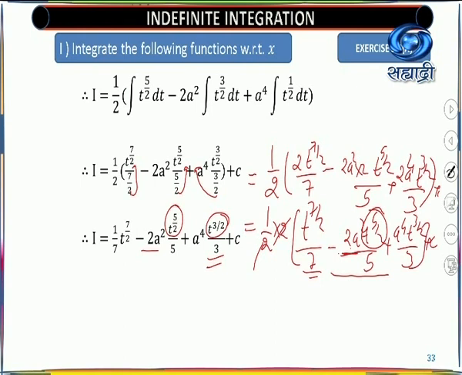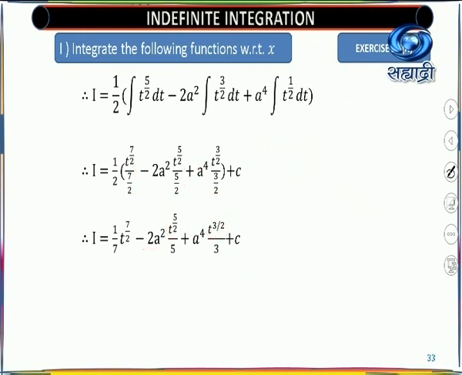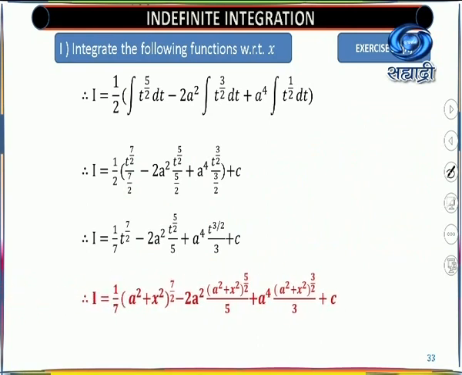Now we need to substitute the value. So what way we will substitute the value? The value is 1 upon 7 a square plus x square raised to 7 by 2 minus 2a square a square plus x square raised to 5 by 2 upon 5 plus a raised to 4 a square plus x square raised to 3 by 2 upon 3 plus constant of integration.